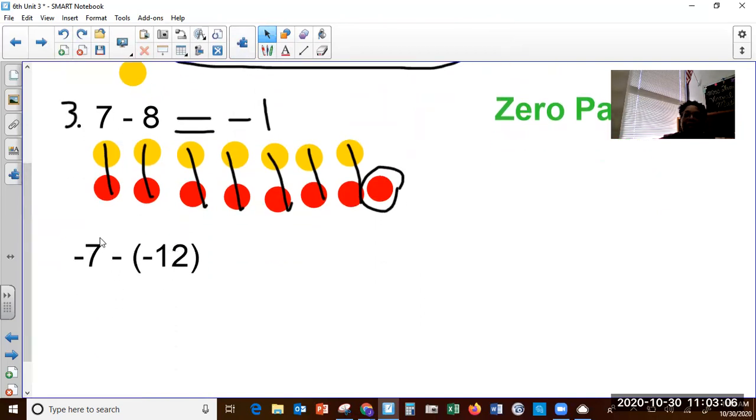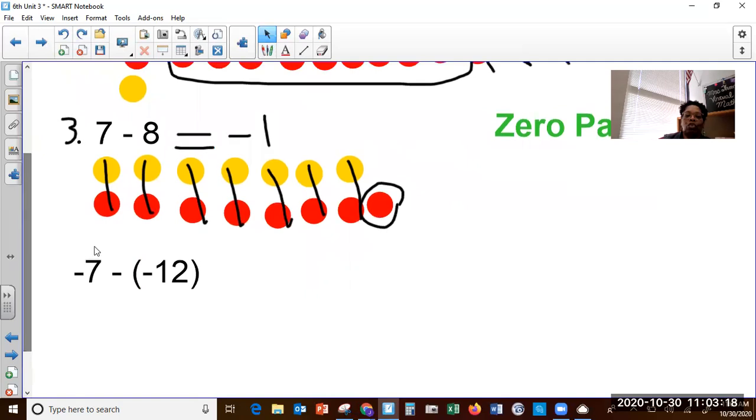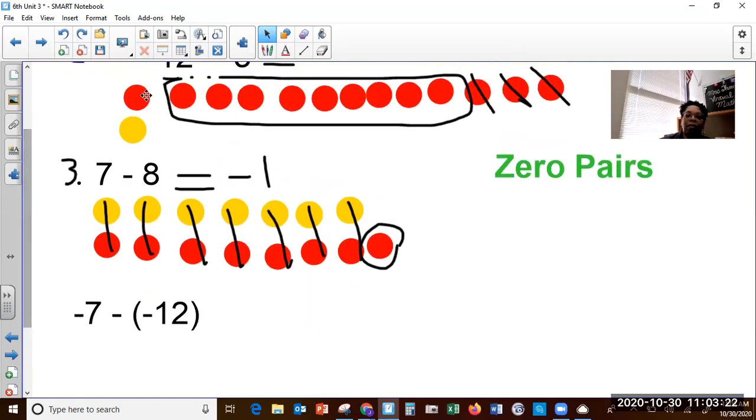Here we go again. This number, the absolute value is smaller than this one. So we know we're going to need two colors. So we start with the first one, negative 7. Always start with what the first one says it is.